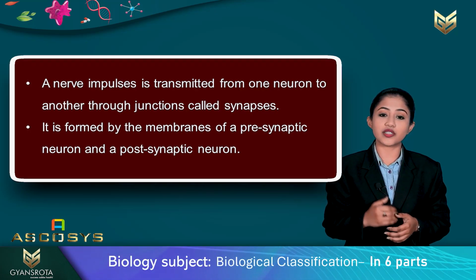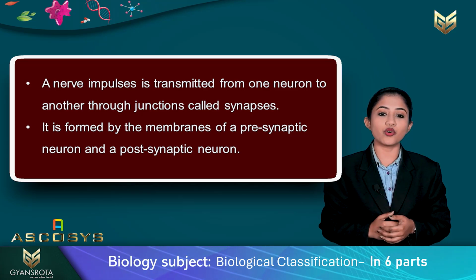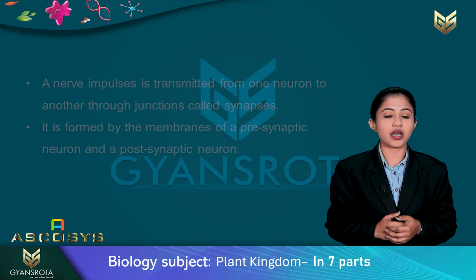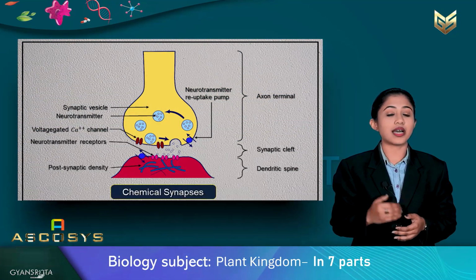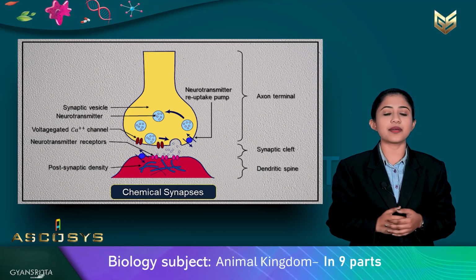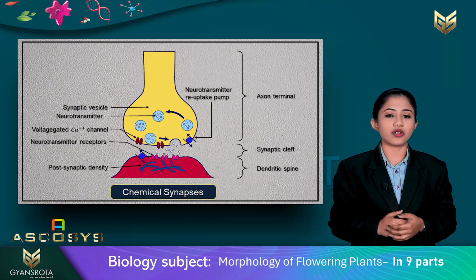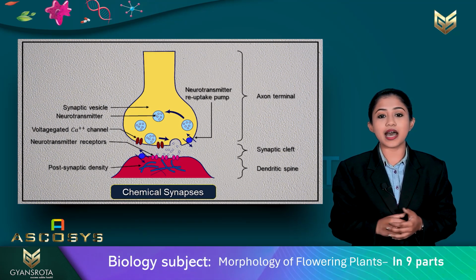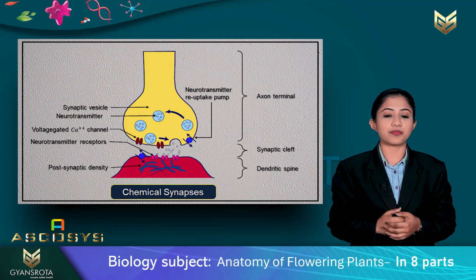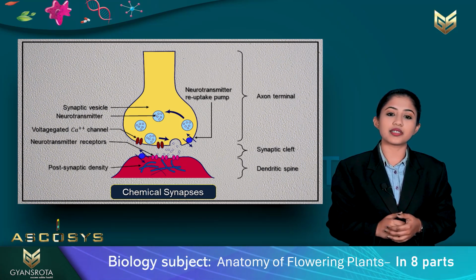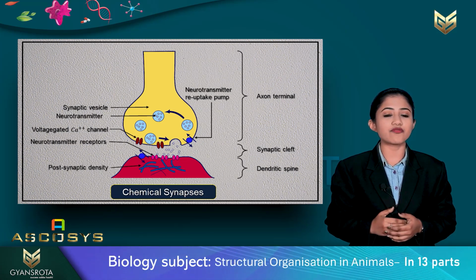This junction is formed by the presynaptic node and the postsynaptic node. As you can see in this figure, the above part is known as the presynaptic neuron and the lower portion is showing the postsynaptic neuron, and between them there is a gap. That gap is called the synapse, and through this synapse they transmit the impulses from one neuron to another neuron.